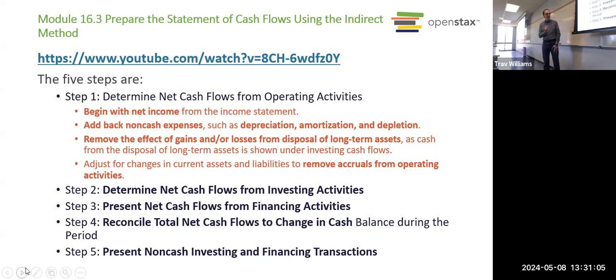There are some transactions that do not involve cash. We'll see some examples of those. Like, let's say we bought a building, but we financed it 100%. We just took out a loan to buy the building. Well, then there was no cash in that transaction. We took out a loan, we got a building. No cash involved.